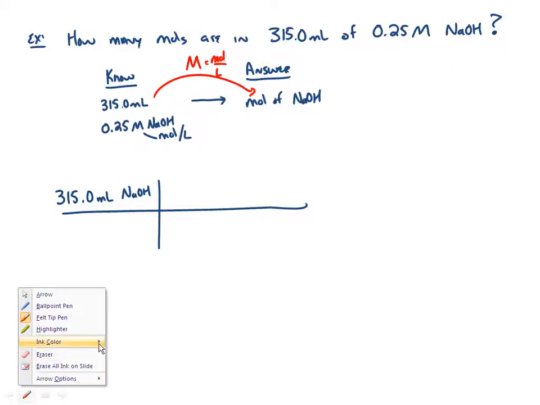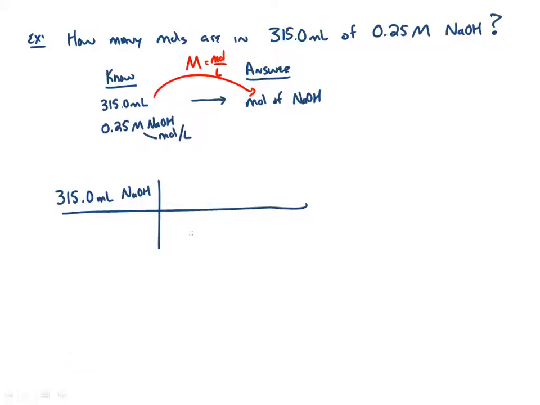So we're going to convert our milliliters to liters. One of the annoying parts about molarity is that we're constantly switching between milliliters and liters, because for whatever reason they define molarity as moles per liter instead of moles per milliliter, which would have made more sense.